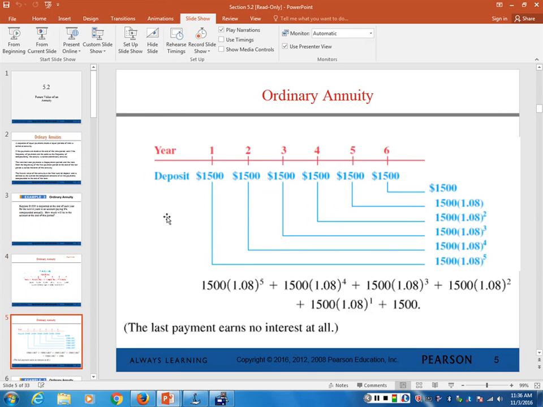But then what happens at the end of that, and this is almost like the compound interest formula. At the end of that first year, they take my $1,500, they multiply it by 1.08 because it's an 8% interest rate, and they add that much interest to my original $1,500.